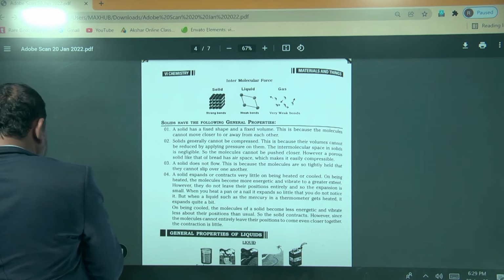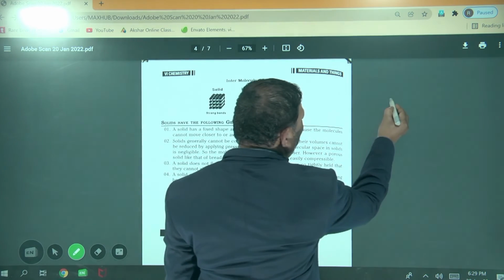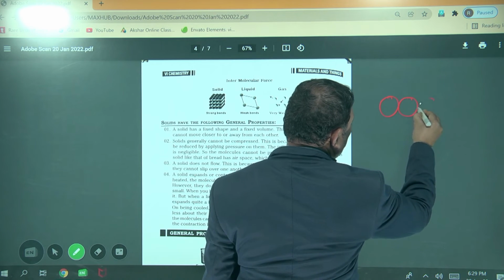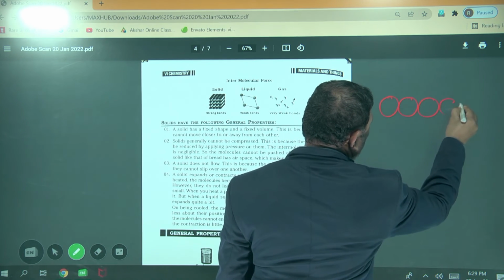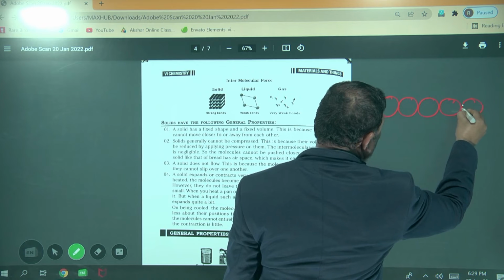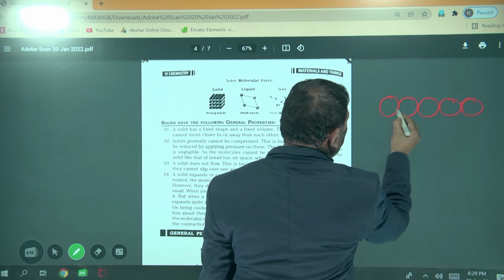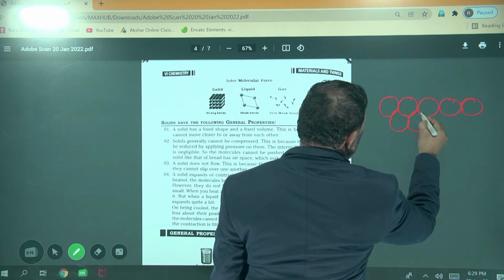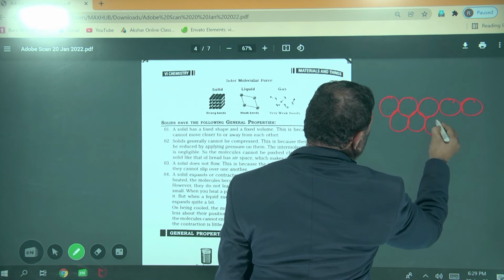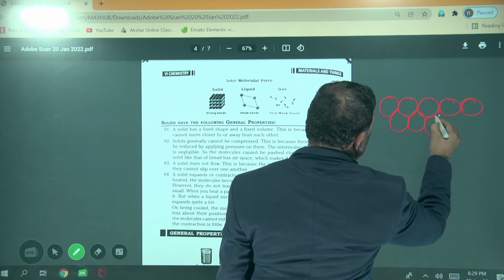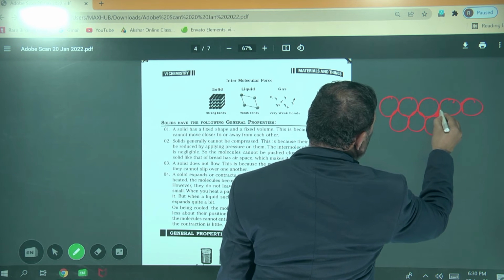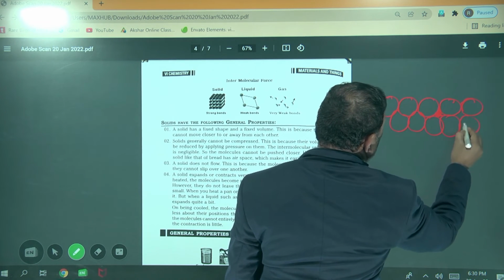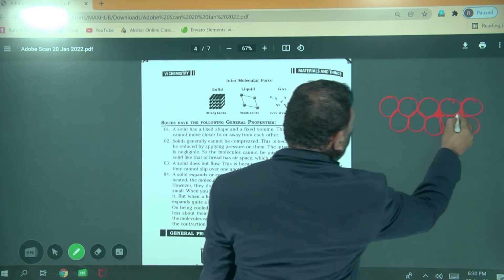So the molecules are arranged very closely. They cannot move from one place to another.